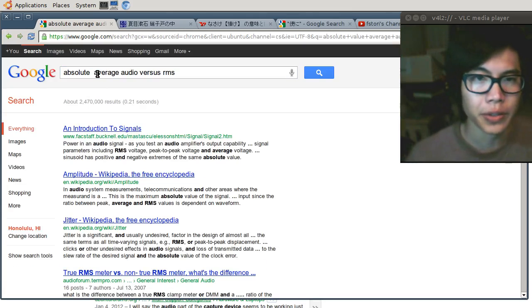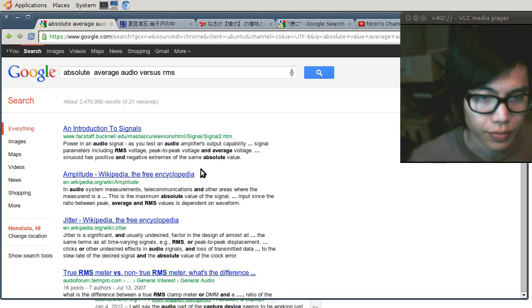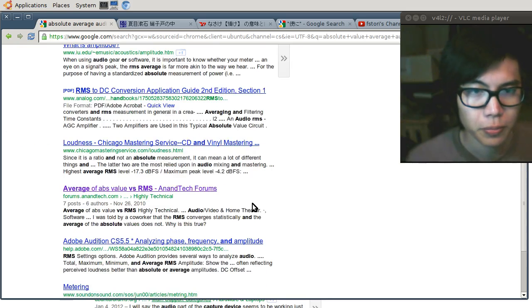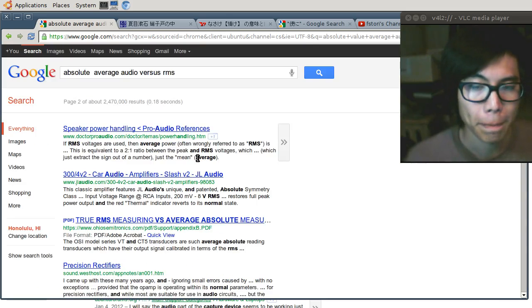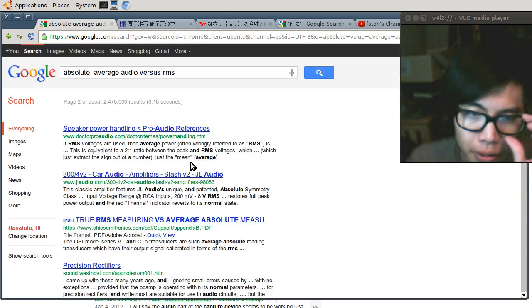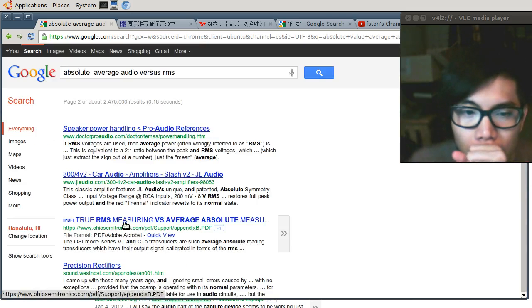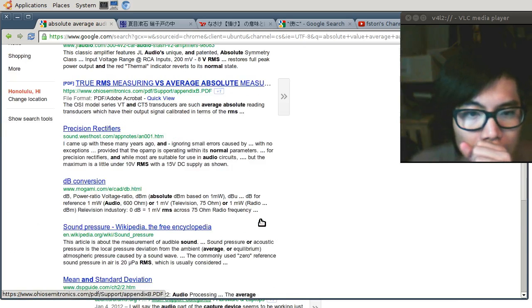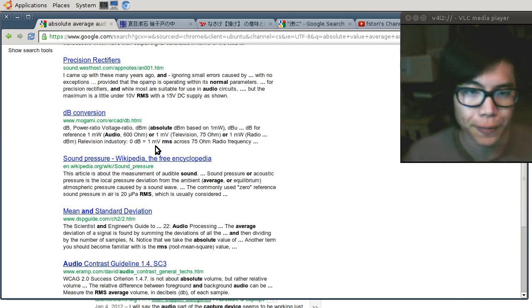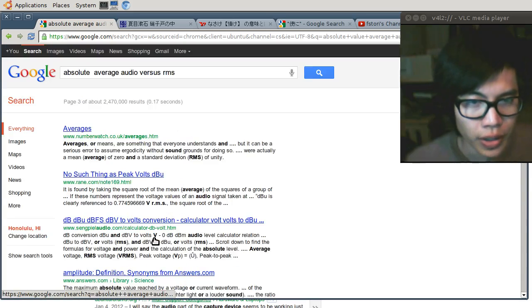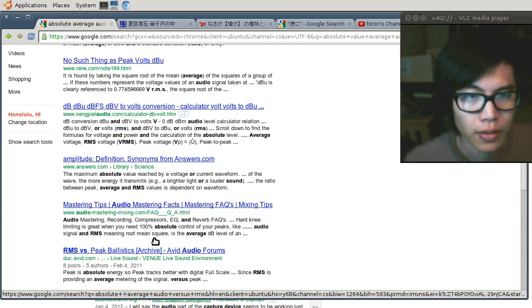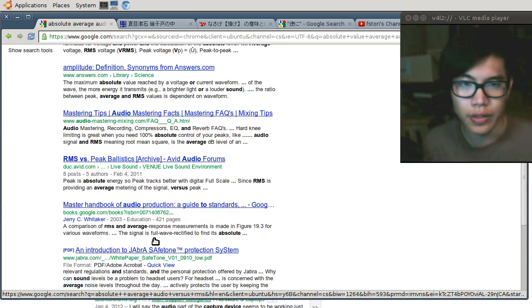Absolute average value. I think I'm going to make a post about this. I mean, RMS. Yeah, it's funny how hard it is to find that.